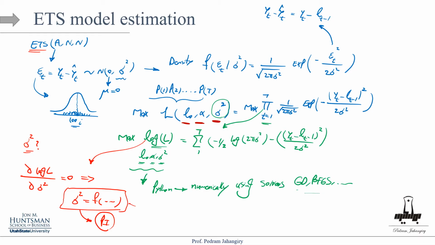We're going to use numerical methods to estimate these numbers. So in the very last slide, when I'm showing you some formulas for these sigma squares, don't be confused about where they're coming from. They're coming from simply taking the derivative of this log likelihood with respect to sigma squared, setting it equal to 0, and then solving for sigma squared.